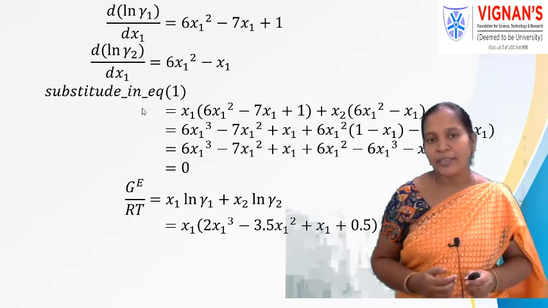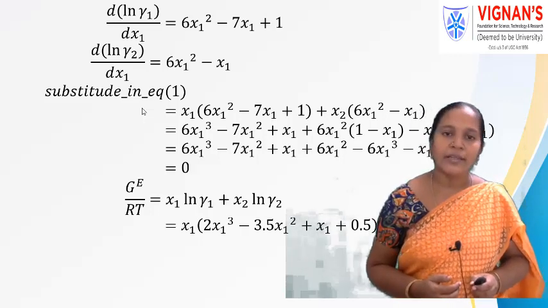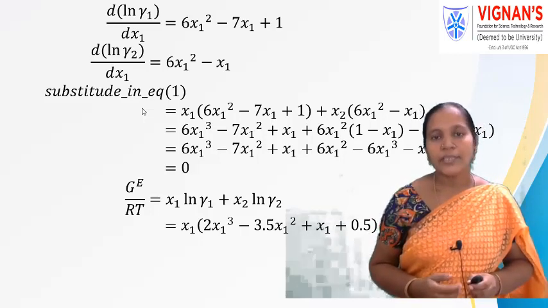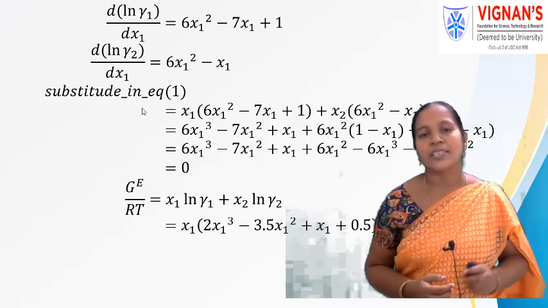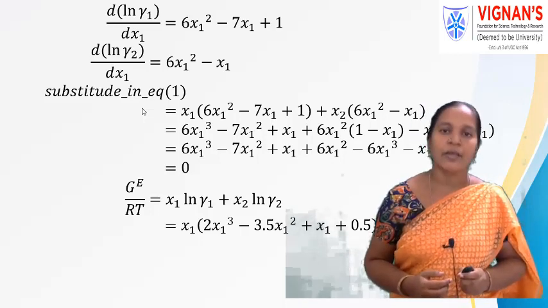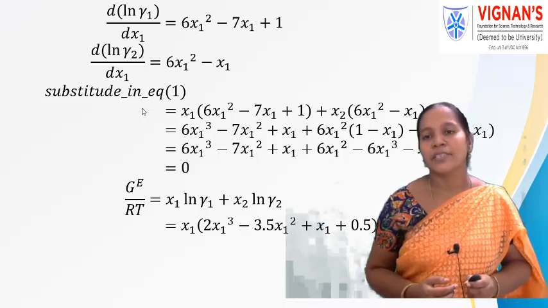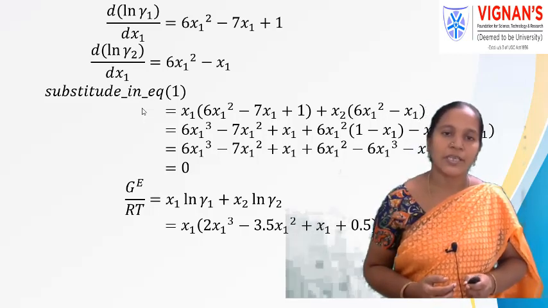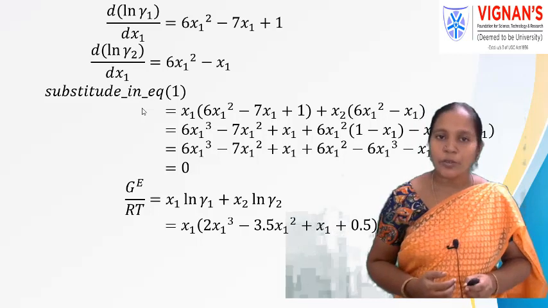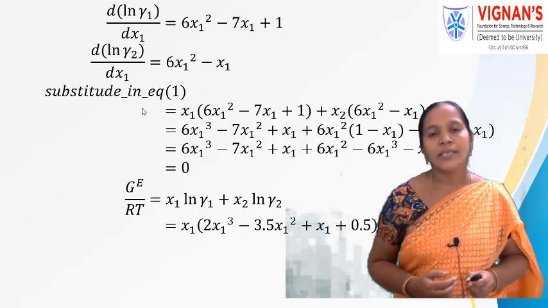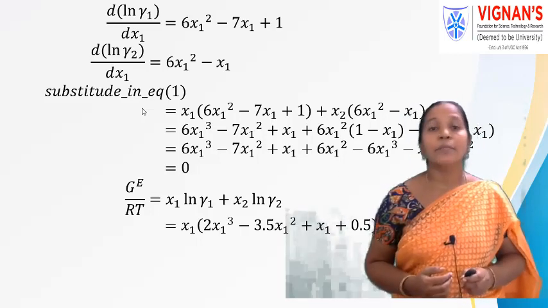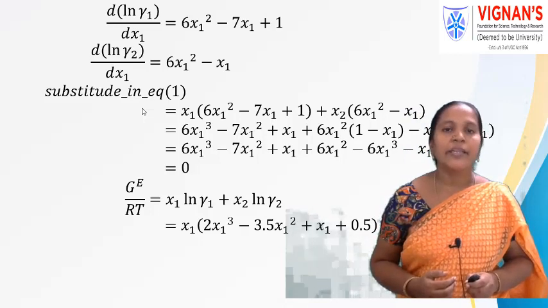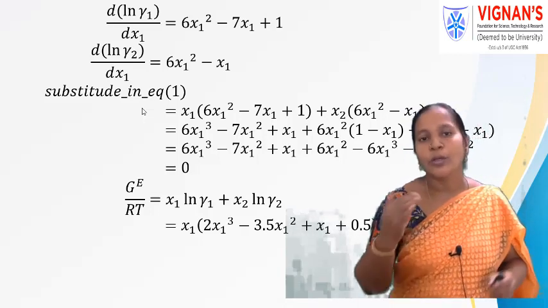After simplifying this one, we will get 6x1 cube minus 7x1 square plus x1 plus 6x1 square minus 6x1 cube minus x1 plus x1 square is equal to 0. The Gibbs-Duhem equation is satisfied, that is, sigma xi d mu i bar is equal to 0.